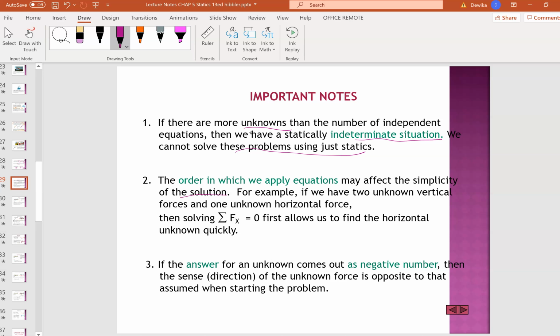For example, if we have two unknown vertical forces and one unknown horizontal force, then solve Fx first, which will help you to solve the unknown quickly. Always go for that. If the answer becomes negative, do not panic. It means the direction that you have taken is opposite. Your answer is not wrong. You just have to report the negative answer.